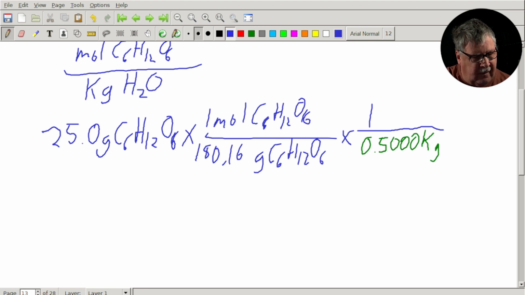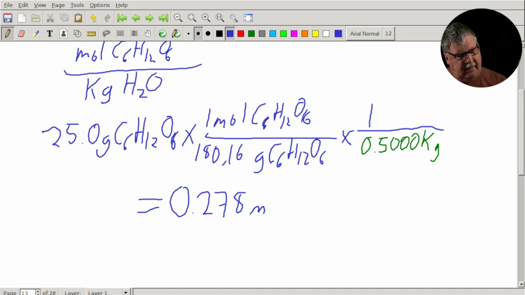And so I'm going to take 25 divided by 180.16 divided again by 0.5, which is the same as multiplying by 2. And I get 0.278. And that would be molal.